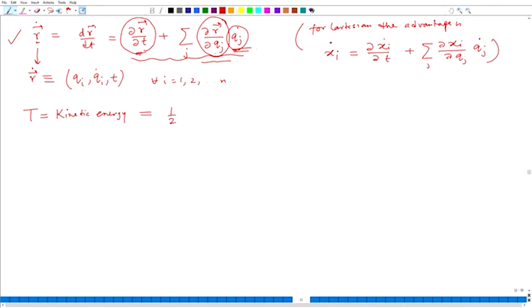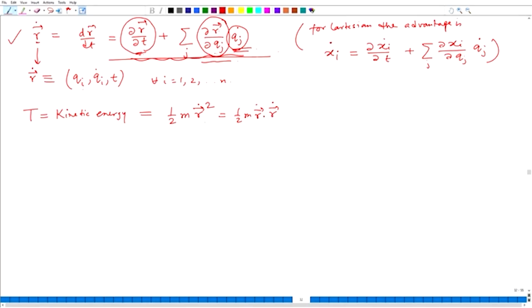T is half m r dot square, and actually you can write half m r vector dot dot r vector dot.